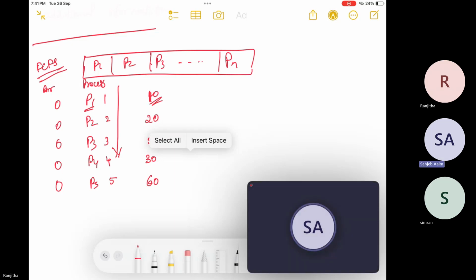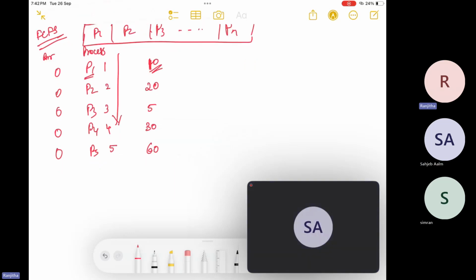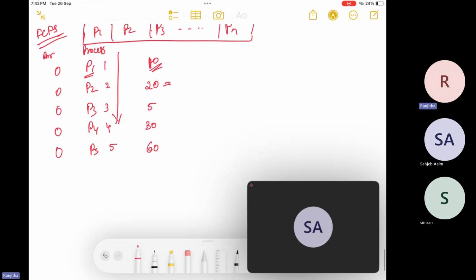Okay ma'am. Let me complete this. After P1 executes for 10 time units, it will release the CPU. Then P2 gets the CPU and executes for 20 units and releases it. Then P3 executes for 5 time units, and after that P4 gets the CPU and executes for 30 time units. Then P4 releases the CPU, and P5 will get it and execute for 60.